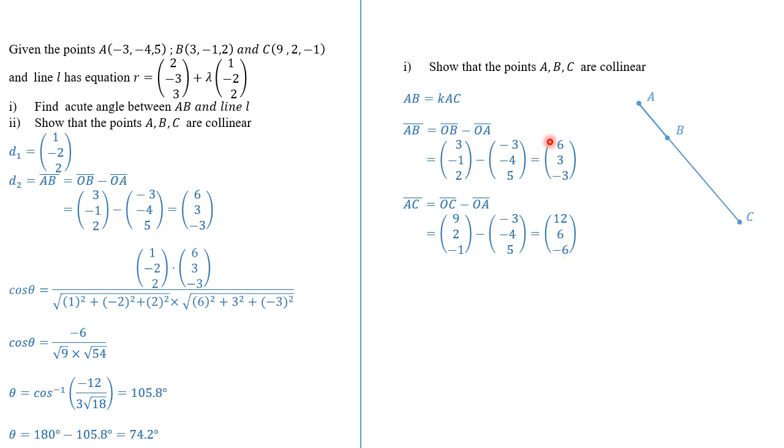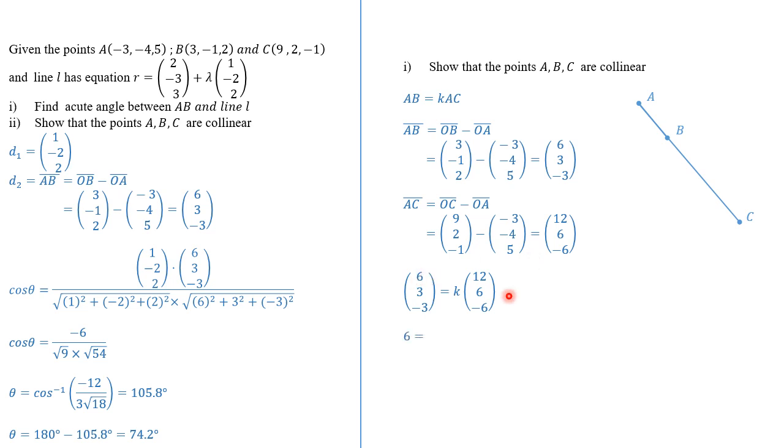So now we need to see a constant multiple that can be multiplied such that these two vectors are equal. If these two vectors become equal by a constant multiple, it means they are collinear. So (6, 3, -3) is equal to K times the second vector. So we can see that 6 is equal to K times 12, or 3 is equal to K times the second component, or minus 3 is equal to K times minus 6.